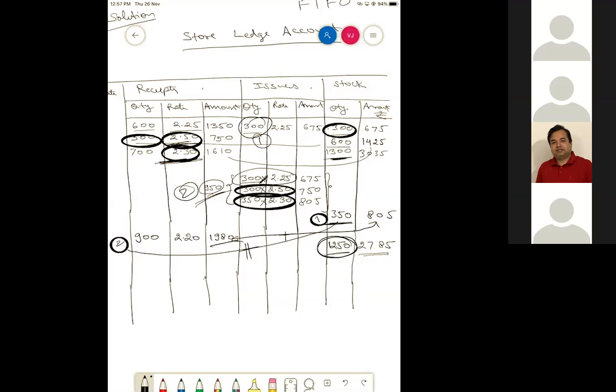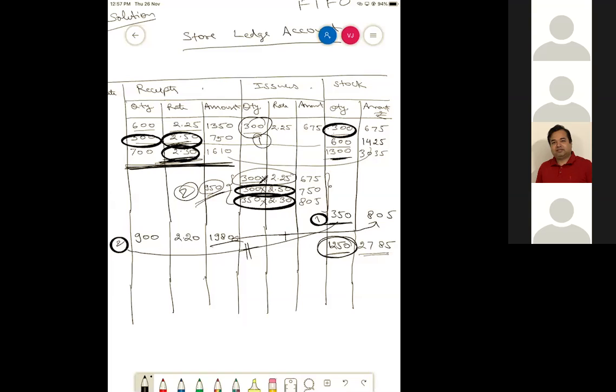So first we would be issuing which is left, that is from this 1250, only 350 units is left, which is at the rate of 2.30. Is it clear?